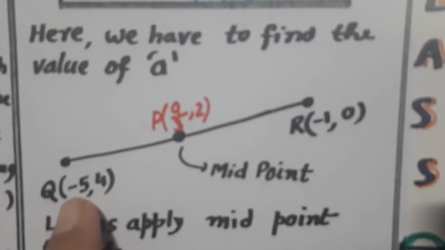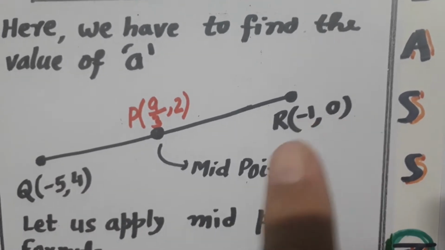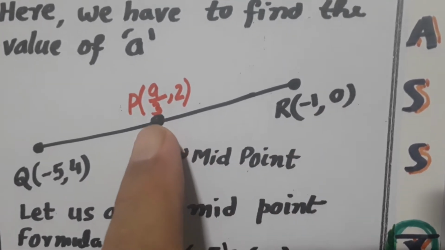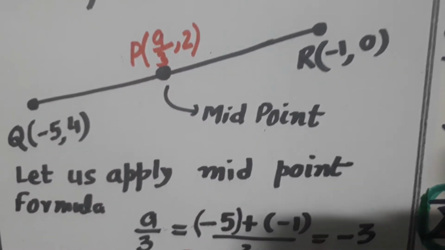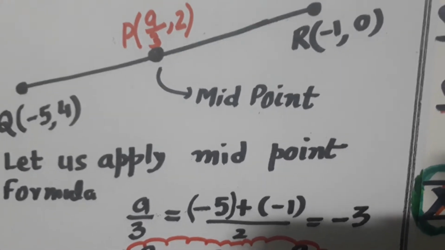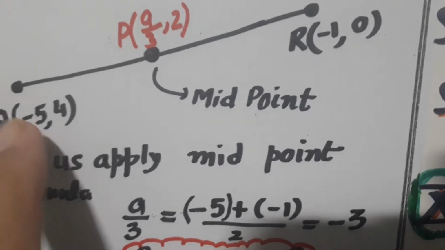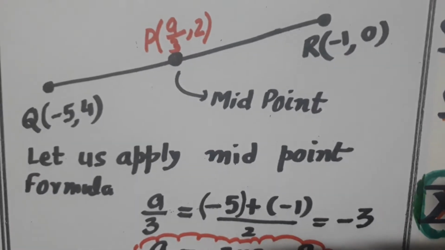Point Q is (-5, 4). Point R is (-1, 0). And the midpoint given to you is P (A by 3, 2). Let us apply the midpoint formula. You know that the midpoint formula is (x1 plus x2) divided by 2.